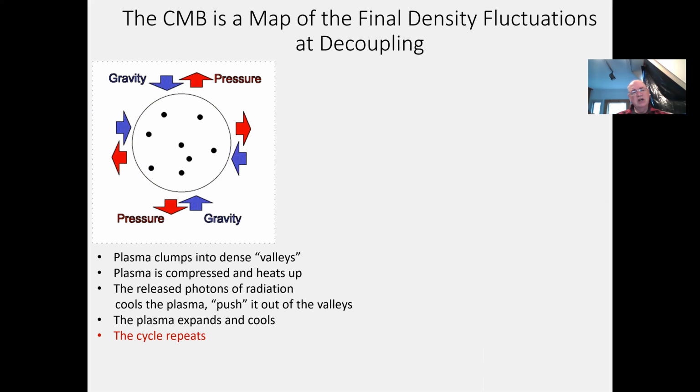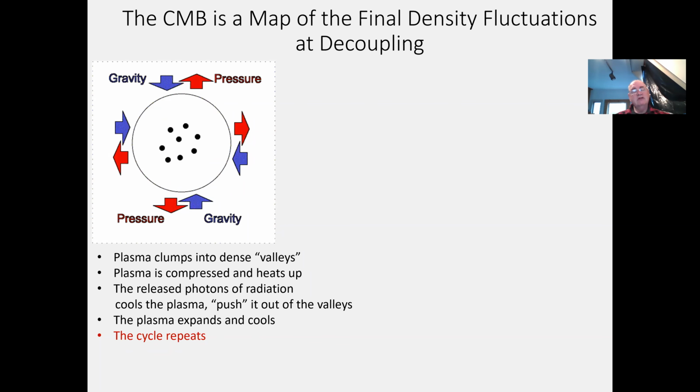So what you have is a tug of war between the matter, the gravity of matter pulling the dense spots in denser and denser, and then as that dense matter gives off more photons, because there's an equilibrium going back and forth of the photons being released from this matter, the photons being absorbed by the matter, then being released again.